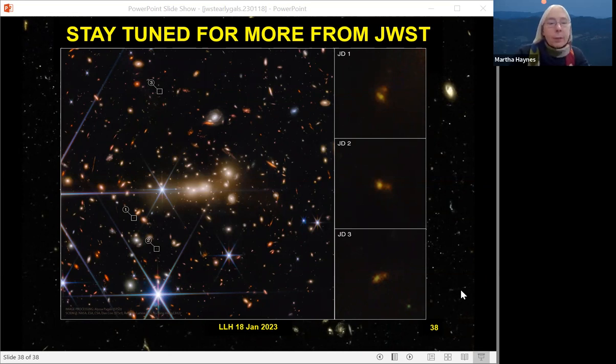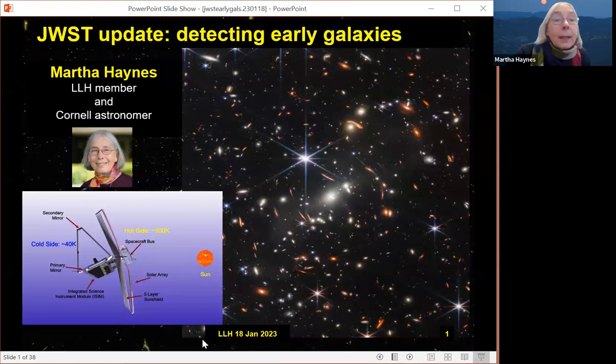It has this sun shield, so it has to look opposite the direction to the sun, but it can point around, slew around to different parts of the sky.